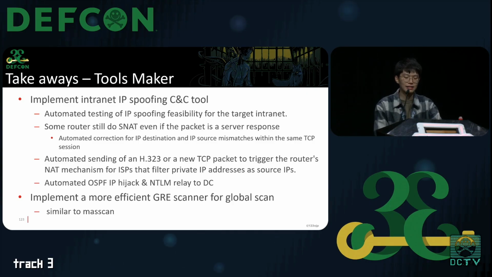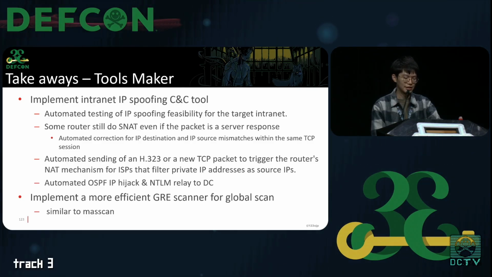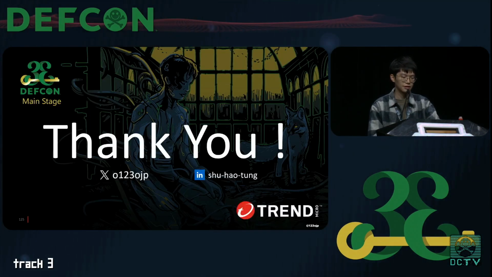Automate the process of sending an H.323 packet or a new TCP packet to trigger a router NAT mechanism, especially for ISPs that filter private IPs as a source IP address. Develop tools for automating OSPF IP hijacking attacks. Finally, implement a more efficient GRE scanner for global scanning, similar to what MASSCAN does for TCP. So thank you, everyone.